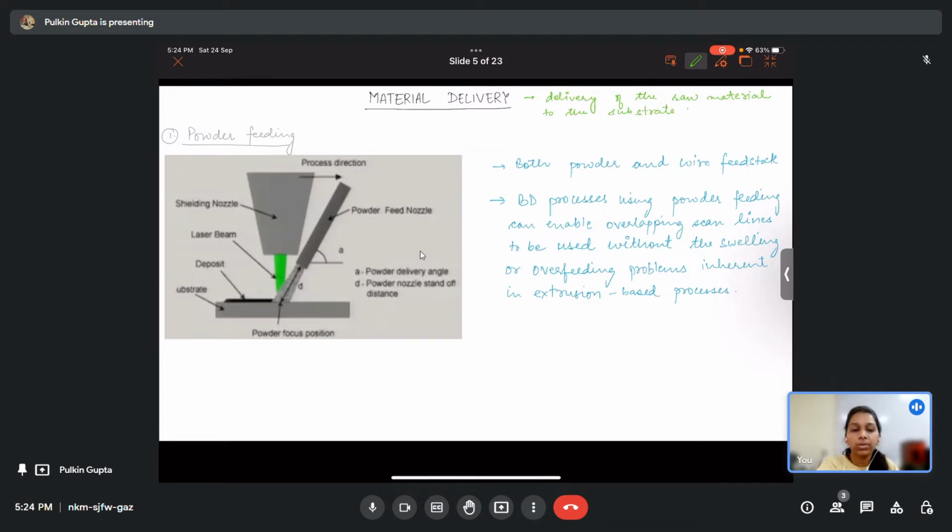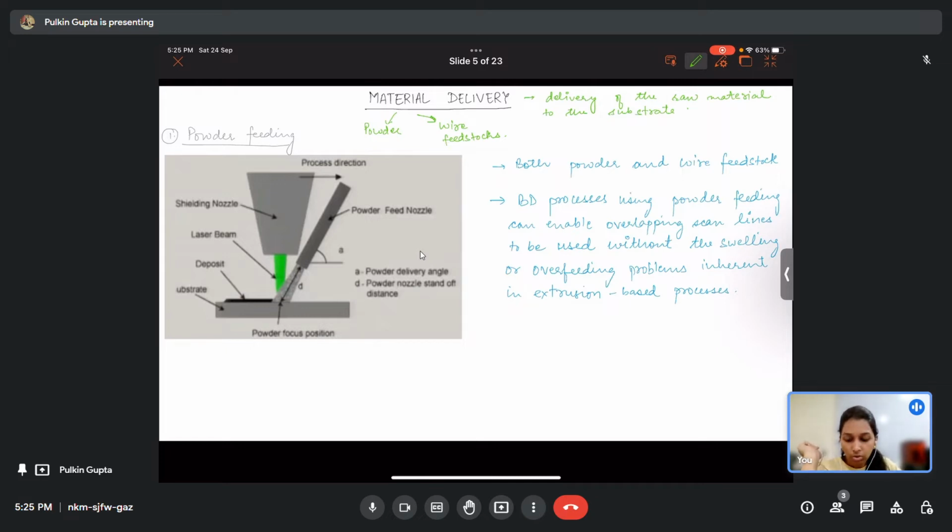Now, in beam deposition processes, we can use either powder or wire. So, both powder and wire feedstocks are utilized in beam deposition processes. So, we have powder and wire feedstocks. So, first we'll be talking about powder feeding.